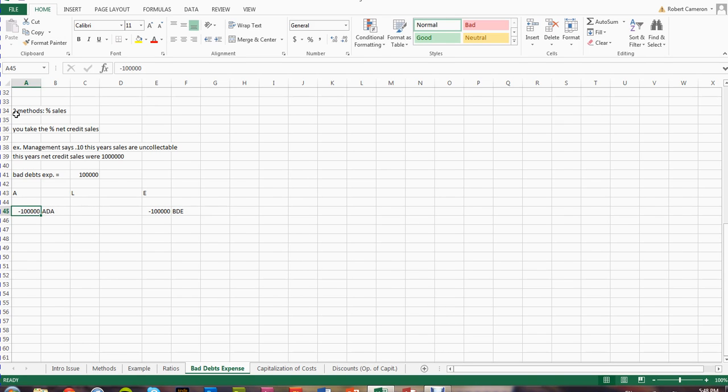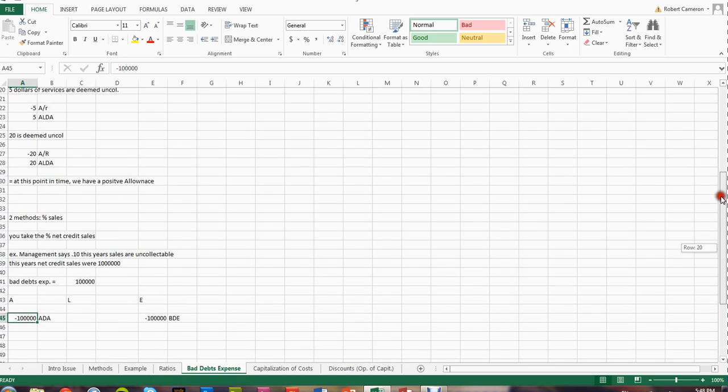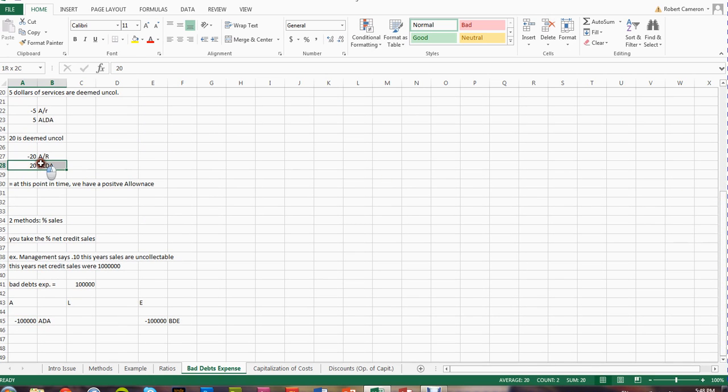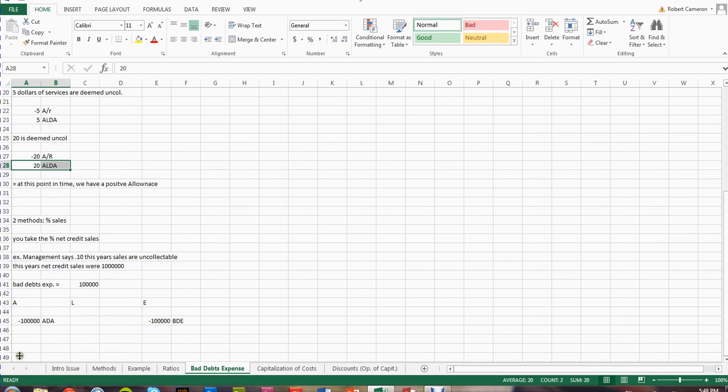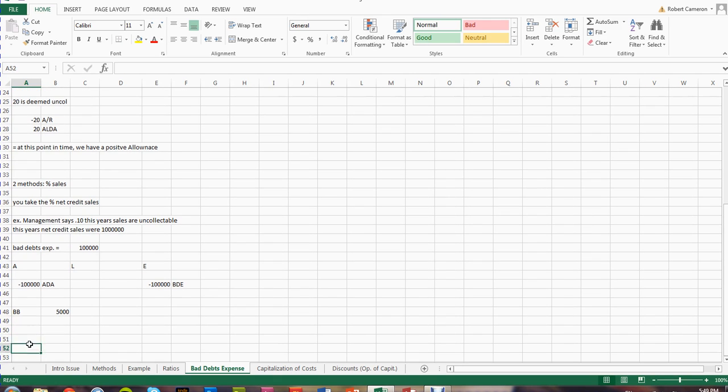And here's the thing. What I mentioned earlier, that sometimes you could have an unnatural positive account because of actions throughout the year, you just don't take that into account. So let's say you had an ending balance for year one of an unnatural $5,000. Then at the end of year one, you do the calculation, and you're going to have a bad debts expense, which takes it back in the natural direction, of $100,000.